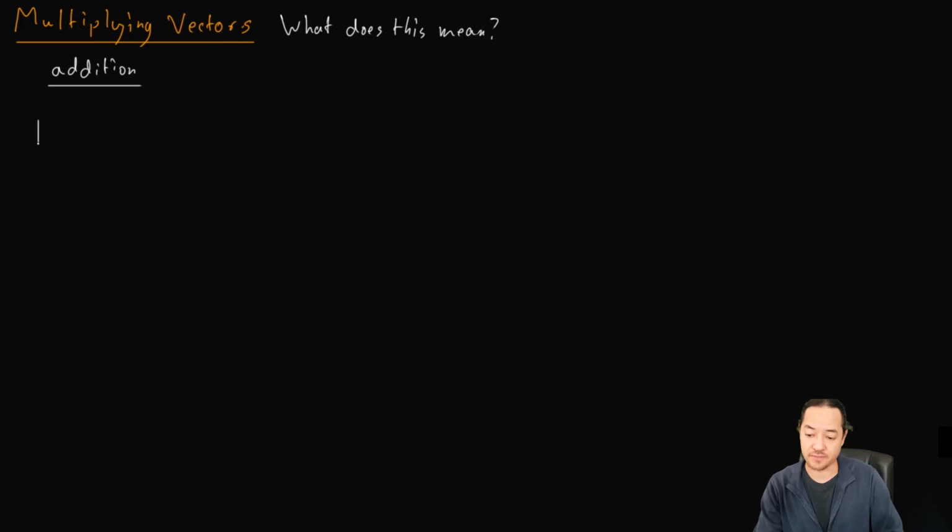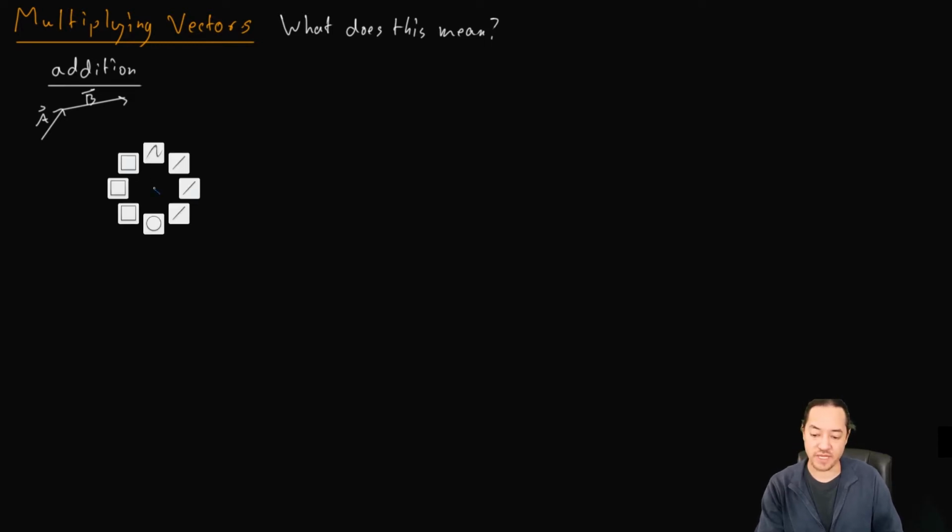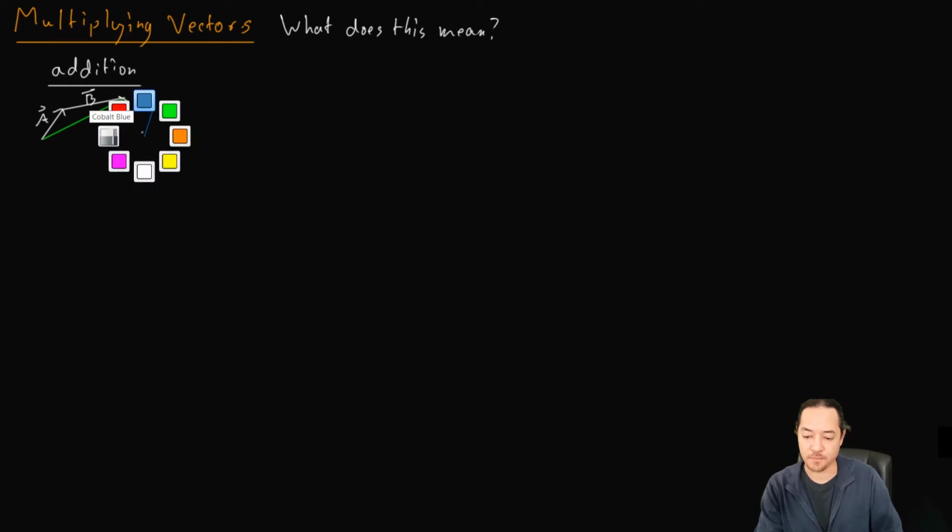Let's say this one is vector A, and then we had a vector B, and when we add them together, we get some kind of resultant vector that goes from the very beginning to the very tip. So this kind of made sense. And this would be our vector r.